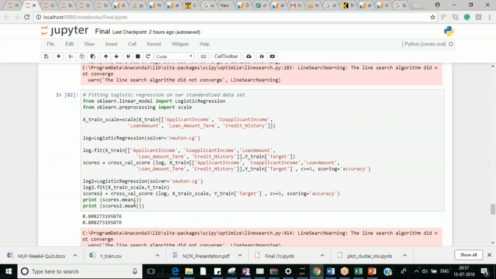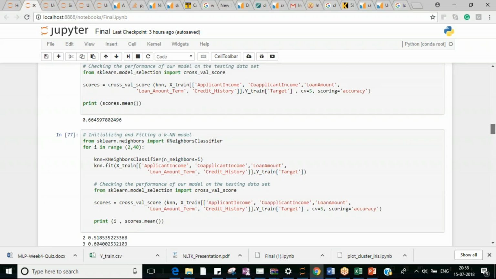Can you say why KNN changed with the scaling, but logistic regression did not? Okay, was it logistic regression?